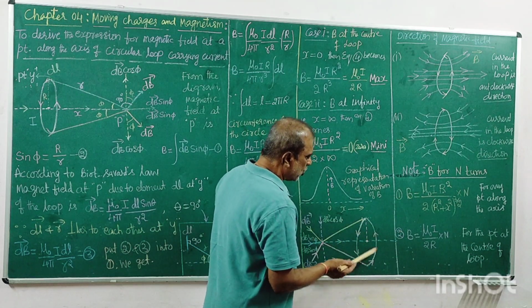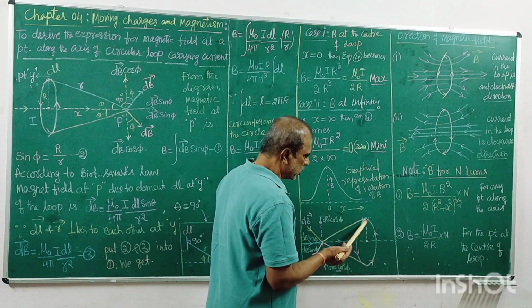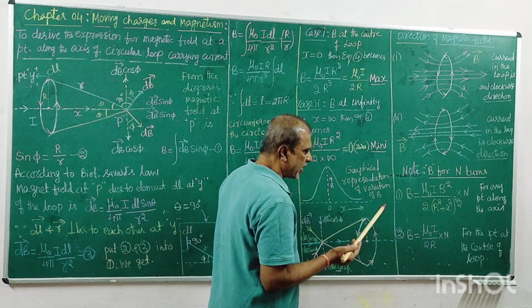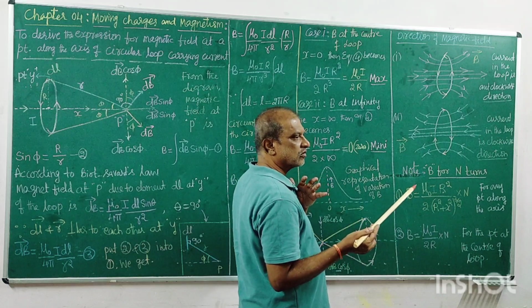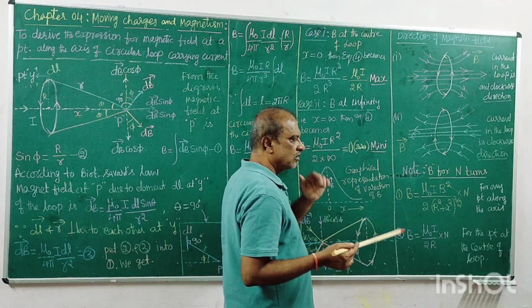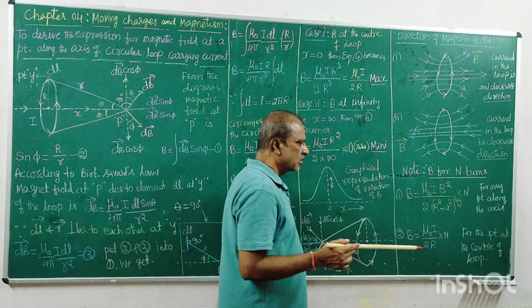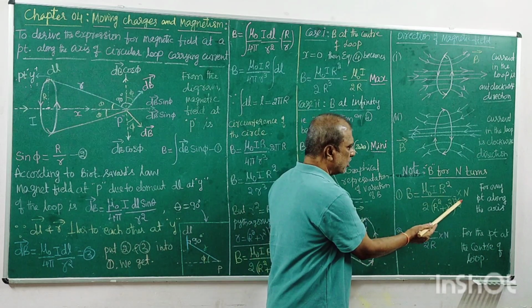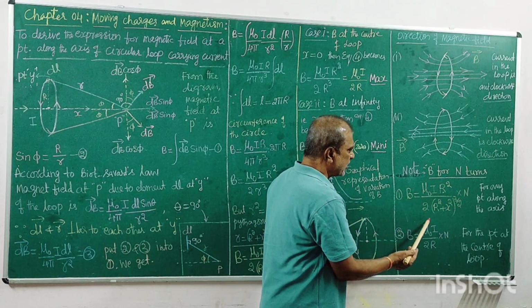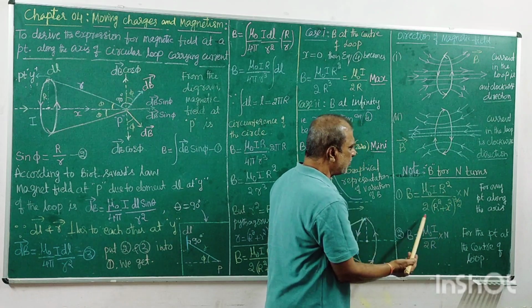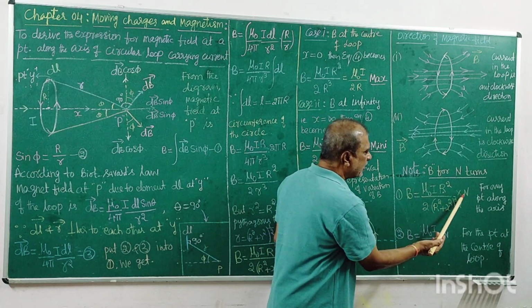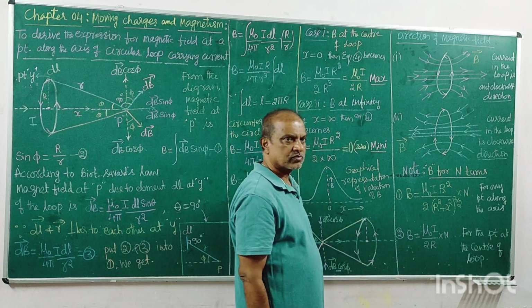For two turns, one more turn of the same radius, the magnetic field along the axis doubles. For three, it triples. For n number of turns, n times. Same expression, multiply with n. It is the magnetic field at the point for n number of turns.